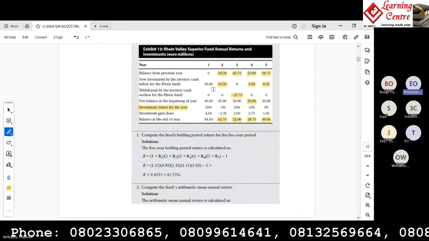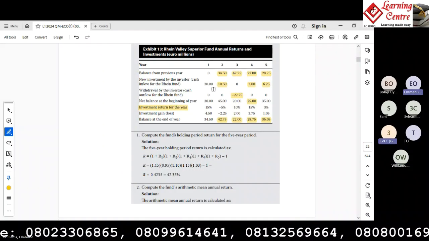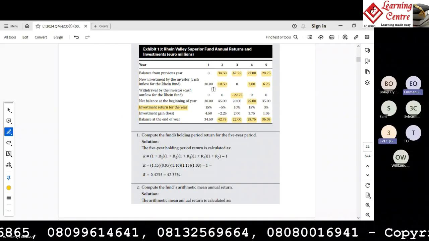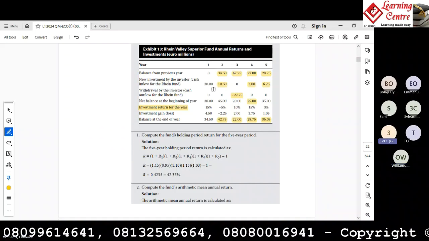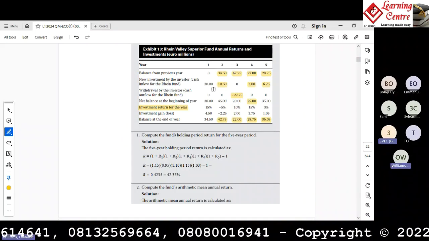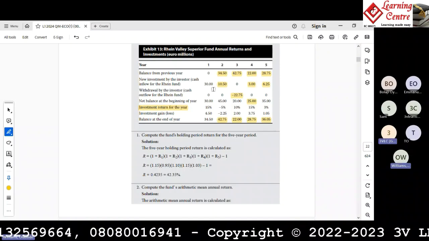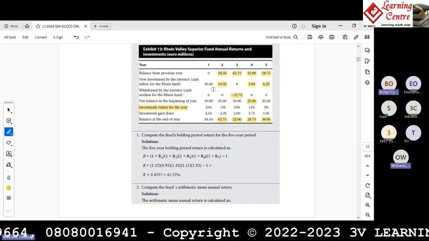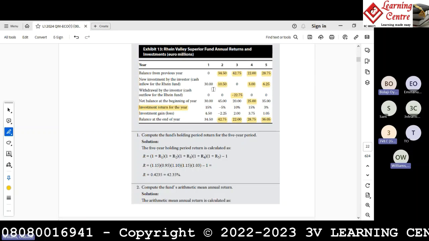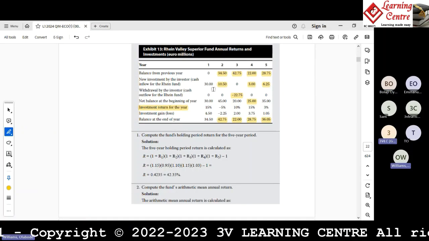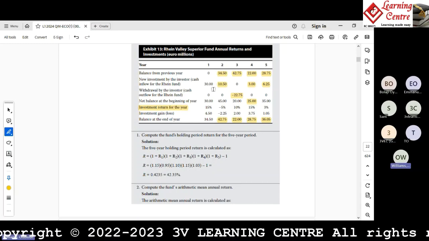Since they are using 5%, it will be 1 plus 5% raised to power 0. Hold on. I'm asking you, remember how you set up your money-weighted return calculation? First, derive your cash flow. How do you derive cash flow from this table?